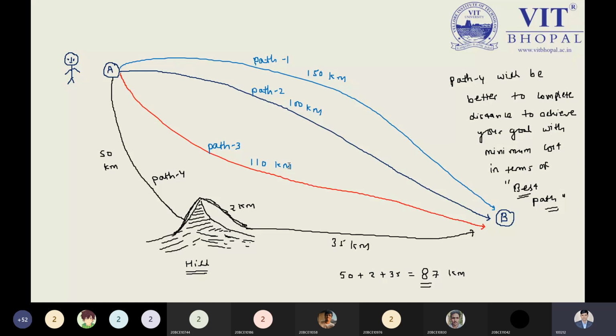The definition implies that hill climbing solves problems where we need to maximize or minimize a given real function by selecting values from the given input. A great example of this is the traveling salesman problem. You can see on the screen a person who is moving from one city to another by choosing different paths, but he is choosing path 4, following the hill climbing approach.